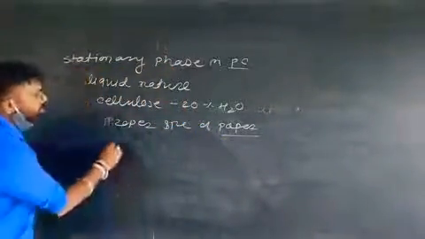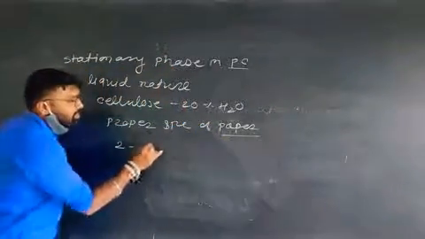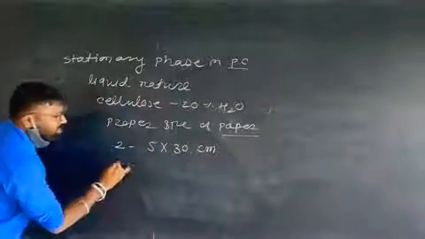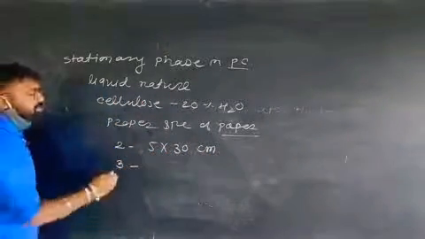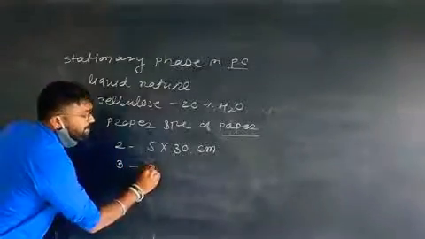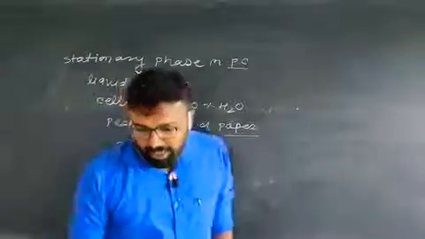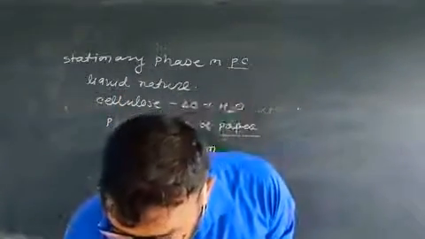For 2-dimensional paper chromatography, size of a paper is near about 5 by 30 centimeter, while in 3-dimensional paper chromatography, paper size is near about 30 by 30 centimeter.